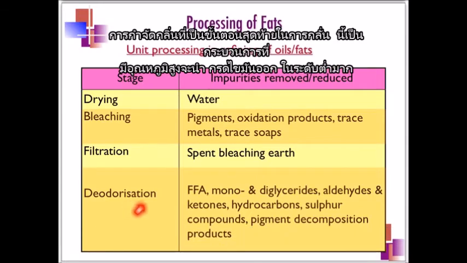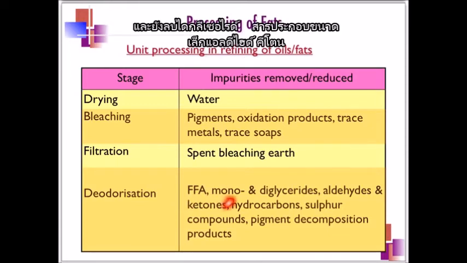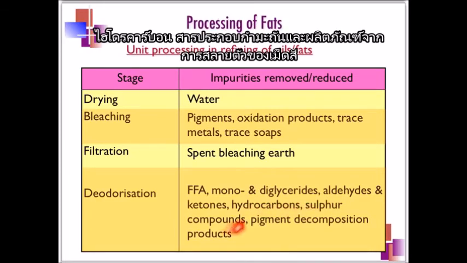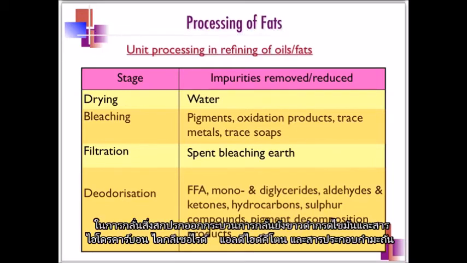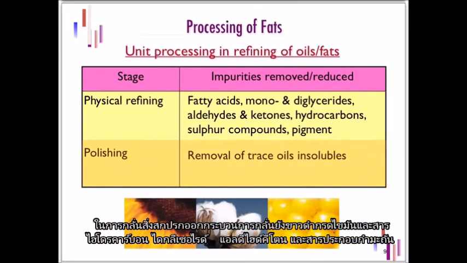Deodorization step is basically the final step in the refining. This involves a high temperature process to remove the volatile fatty acids down to a very, very low level, and also to remove some residual mono and diglycerides and other small compounds, aldehydes and ketones, hydrocarbons, sulfur compounds, and the products of pigment decomposition from the oil.